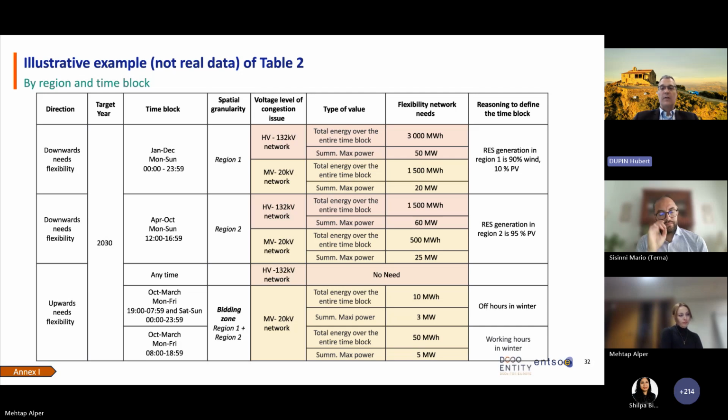So it's a lot of work. And basically, that's an example of table 2 for our needs.